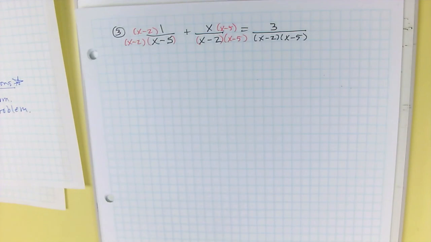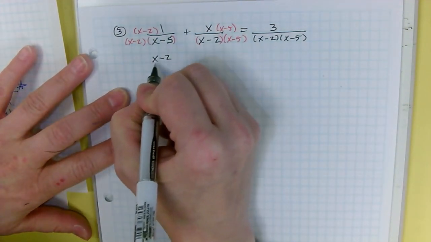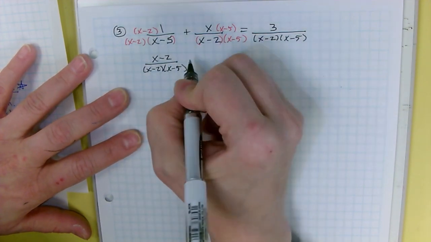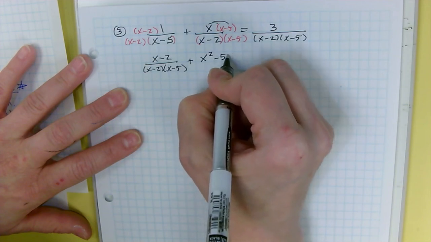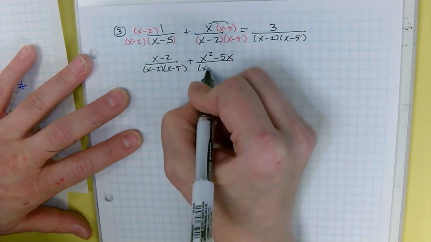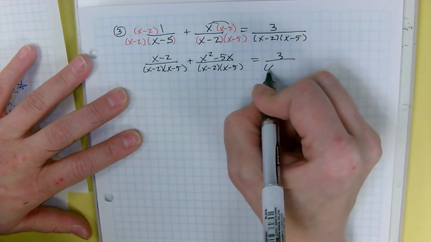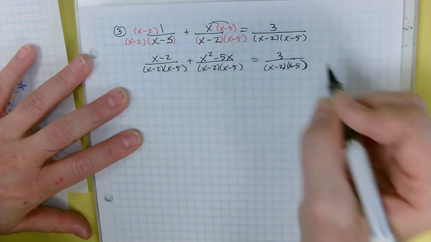And the last one already has an x minus 2 and an x minus 5, so it's done. Okay, so I have an x minus 2 over x minus 2, x minus 5, plus, and I'm going to go ahead and distribute that, x squared minus 5x over x minus 2, x minus 5 equals 3 over x minus 2, x minus 5.